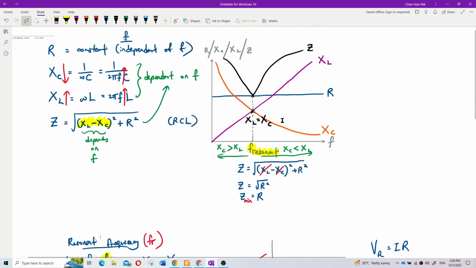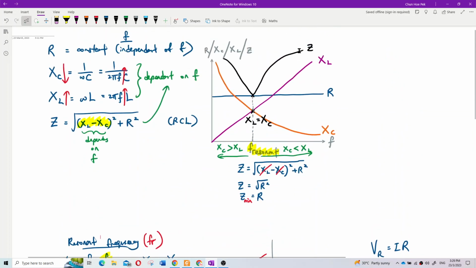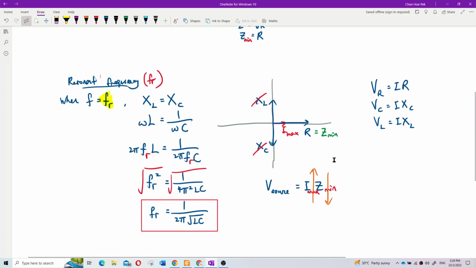At other frequencies than resonant frequency, the current is actually smaller because Z, the impedance, is higher. But at the resonant frequency, Z is at the minimum, so current is at the maximum.